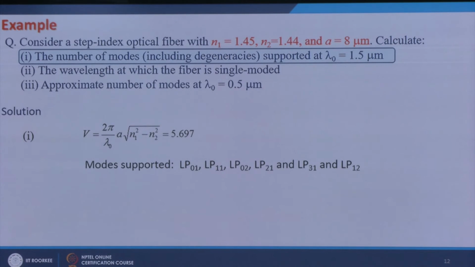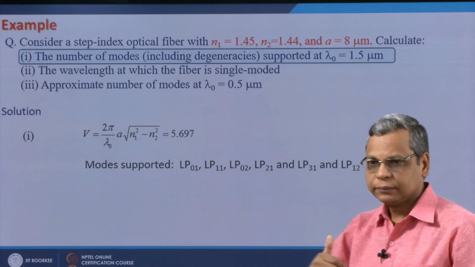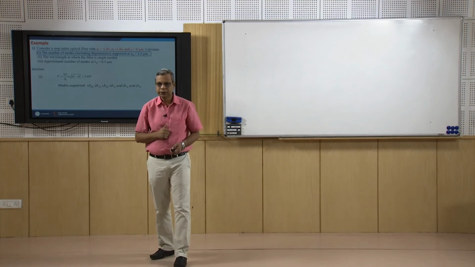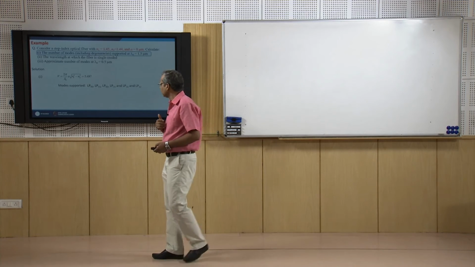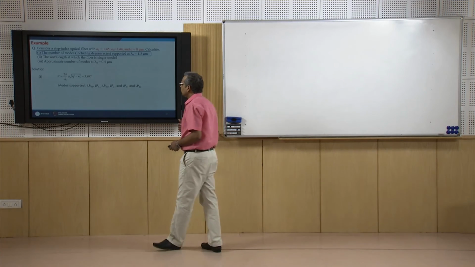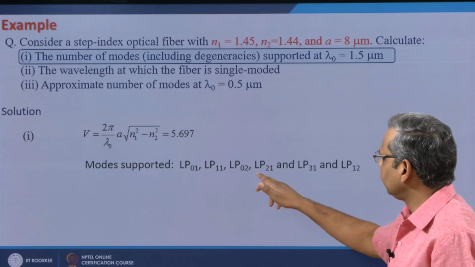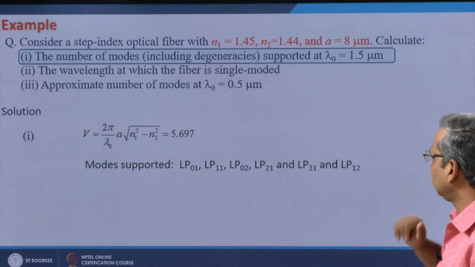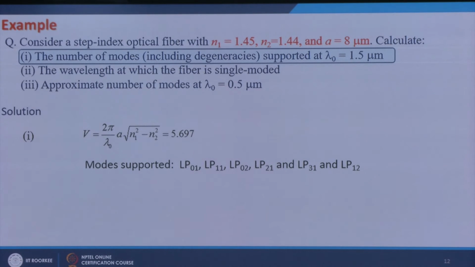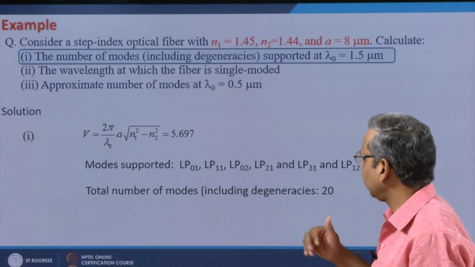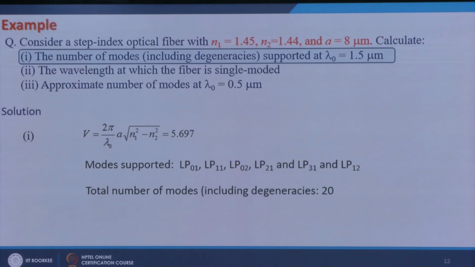If you locate this value of V in the table which you have created by arranging the modes in increasing order of their cutoffs, then you find that these modes are supported: LP01, 11, 02, 21, 31 and 12. Now, if you include the degeneracies of all these modes and calculate the total number of modes, then they come out to be 20.